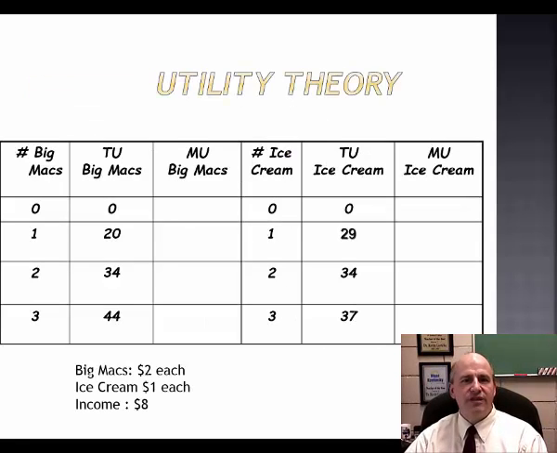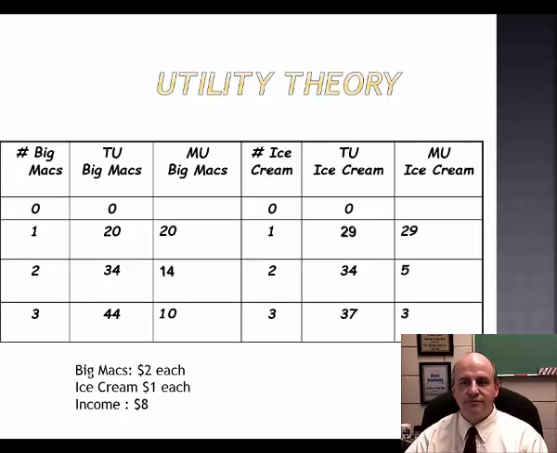So let's say that we enjoy Big Macs and ice cream. If I were to consume one Big Mac, I'd get 20 units of satisfaction. I'd be happier if I had 3 Big Macs. I'd get 44 units of satisfaction. Now you'll notice that Big Macs and ice cream cost different amounts, and I have a scarce amount of money to spend on Big Macs and ice cream. Now what's really important is the marginal utility.